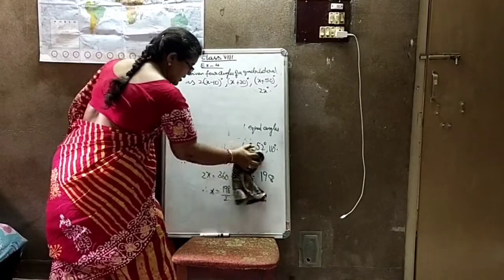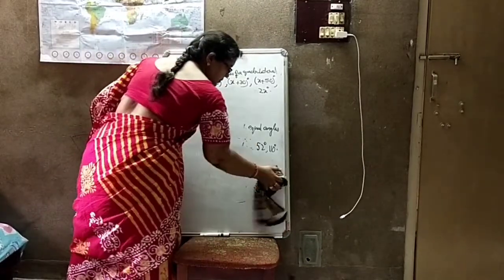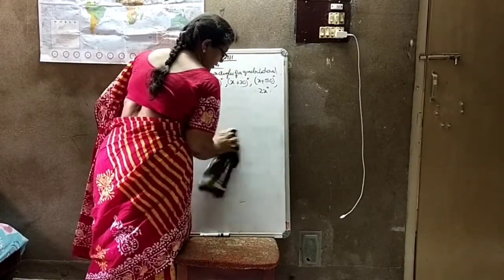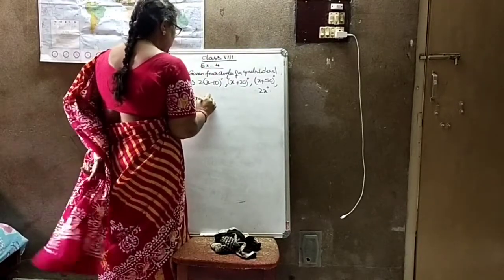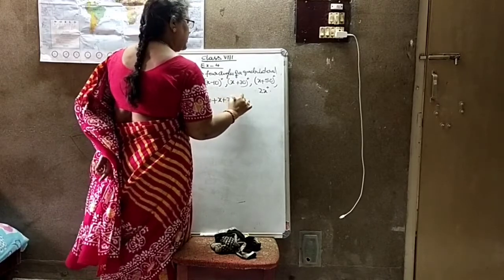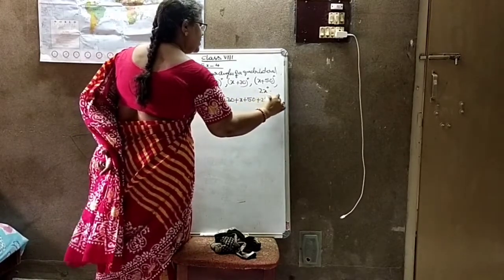I may finish with this topic now. That is 2x minus 20 plus x plus 30 plus x plus 50 plus 2x is equal to 360.